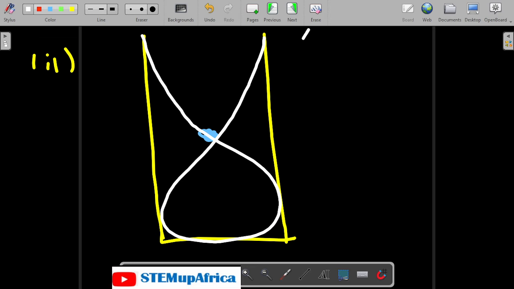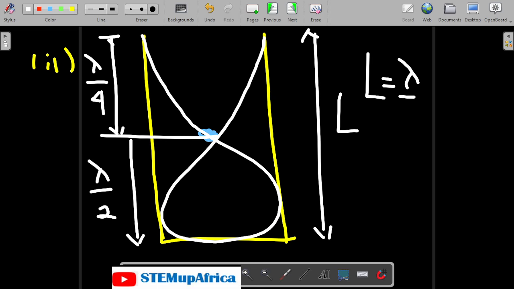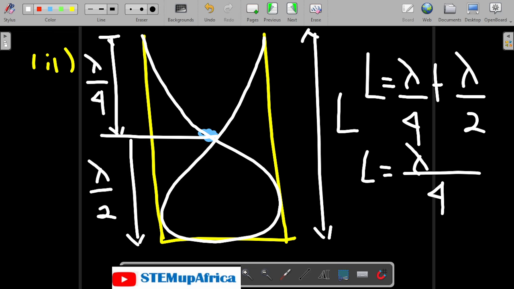So don't forget the whole of this length is our L. From here to here is lambda/2, while from here to here is lambda/4. So the length now is simply lambda/4 plus lambda/2. My LCM is 4, so here is lambda plus 2 lambda. The L now is 3 lambda/4. That is the value of L for the first overtone.